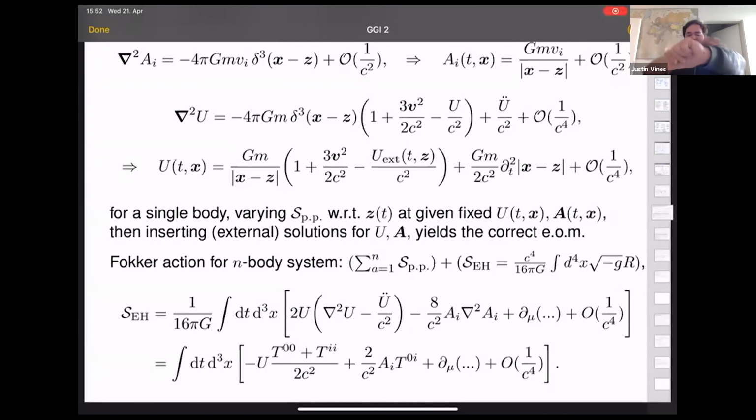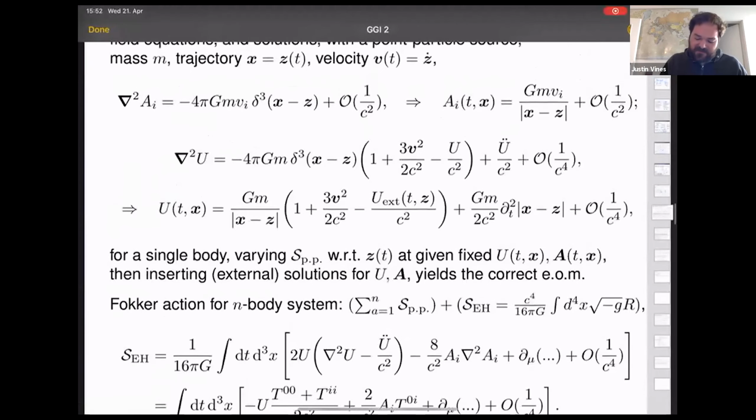But anyway, what I'm wanting to say here is that to get the total action for an n-body system through this procedure, we first solve the field equations like we were doing up here, and then insert those field solutions into the action to get an action for the two-body system.